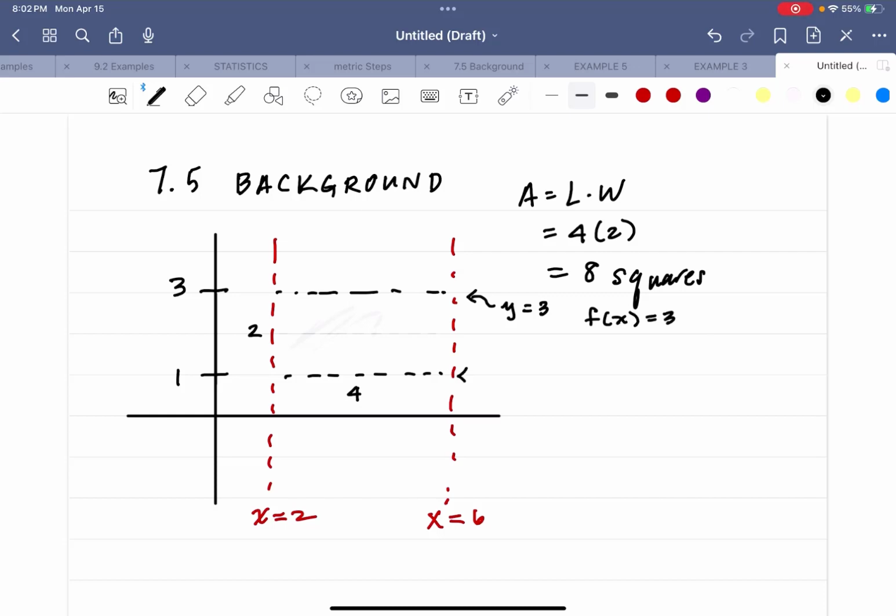And this is a horizontal line function. That's y equals 1, or f of x equals 1. And what you want to do is find the integral from the initial value 2 to 6 of the upper function minus the lower function. So upper minus the lower.